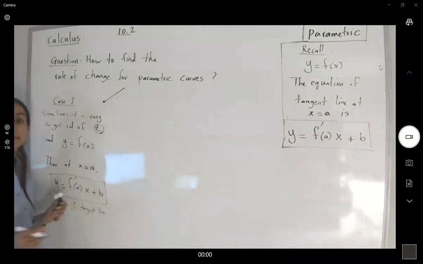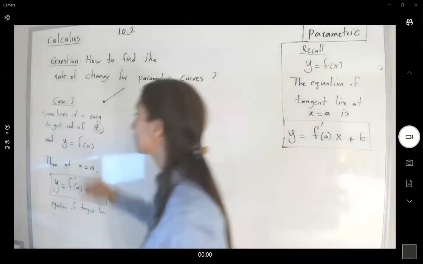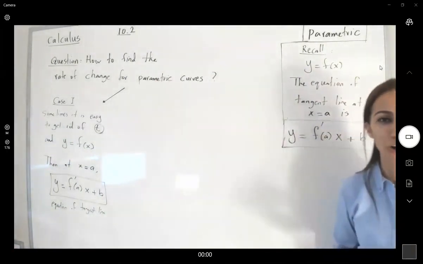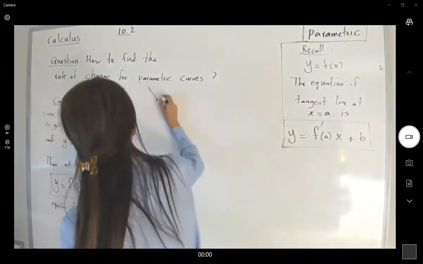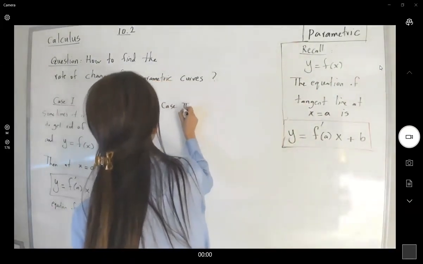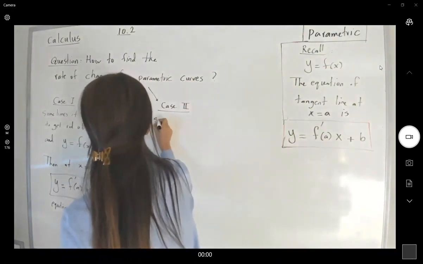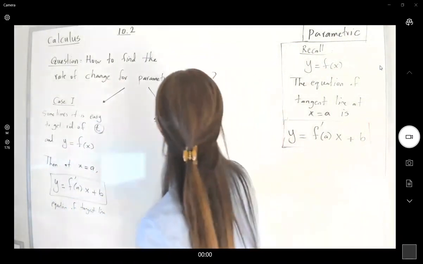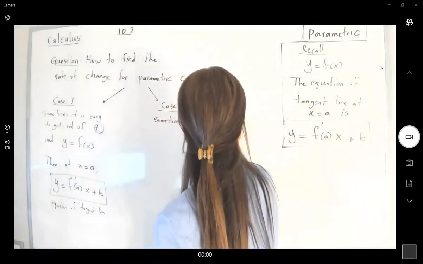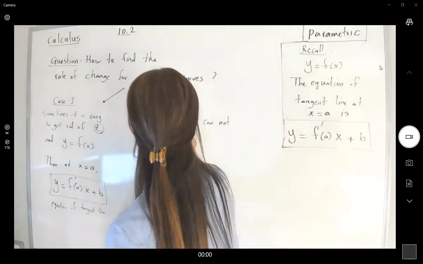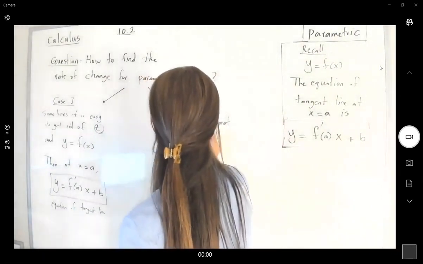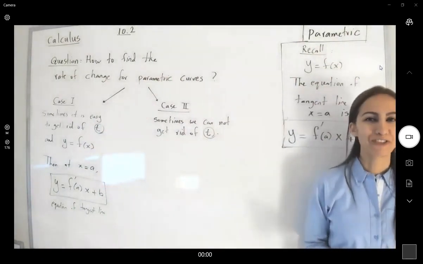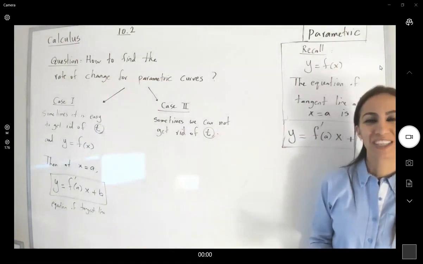Some other times, it's very hard to get rid of t. We have to have everything in terms of t. So in case 2, sometimes we cannot get rid of t. In this case, we need to know how to find the derivative of the parametric equation.